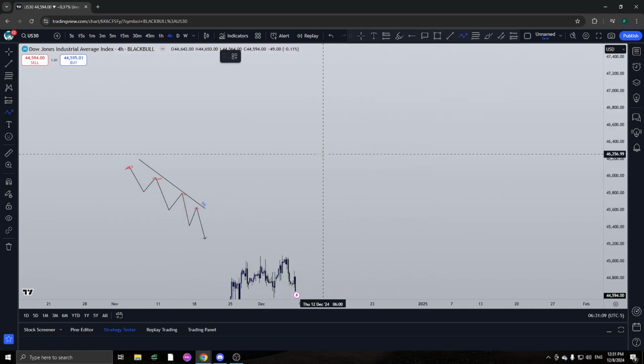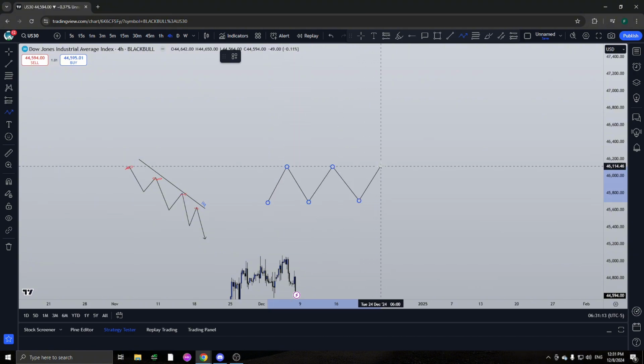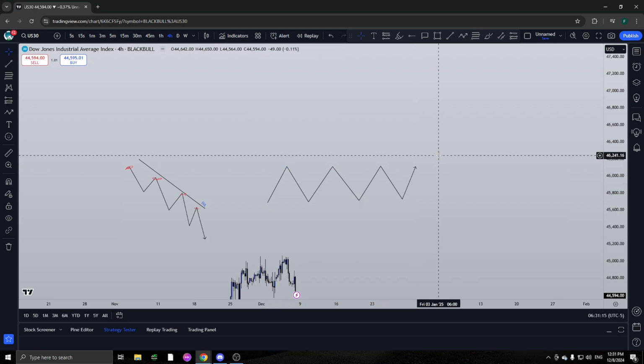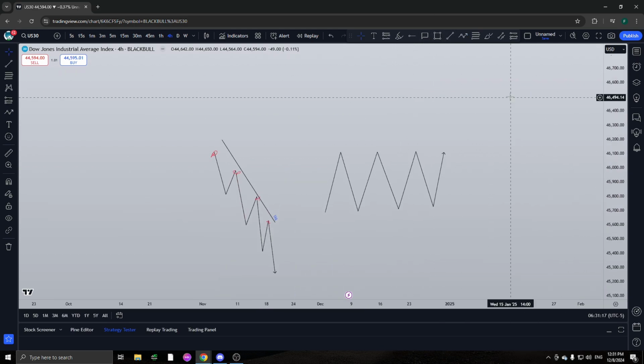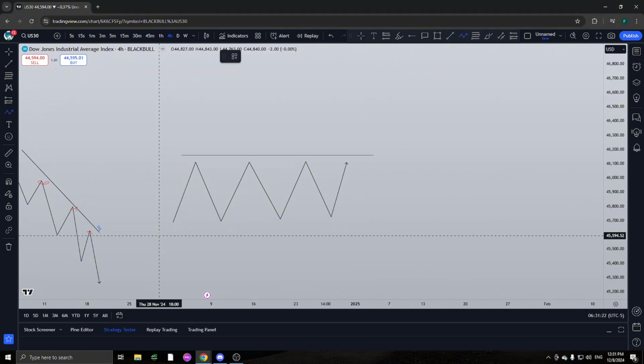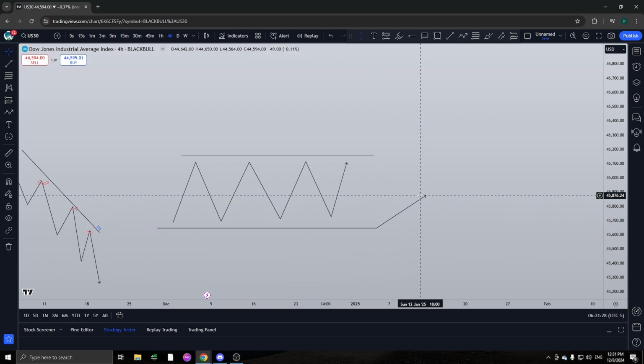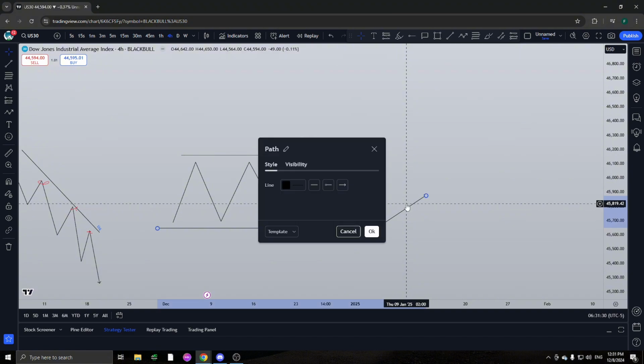Then we have consolidation liquidity, which not a lot of mentors talk about. Right here, what is market doing here? We talked about this in market structure as well.